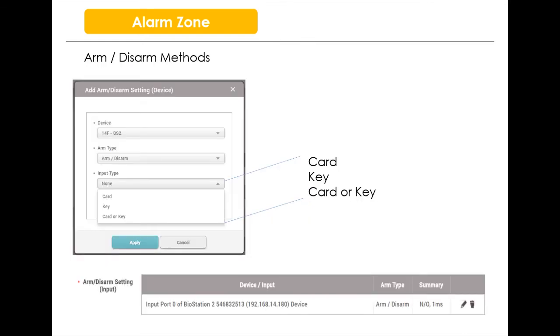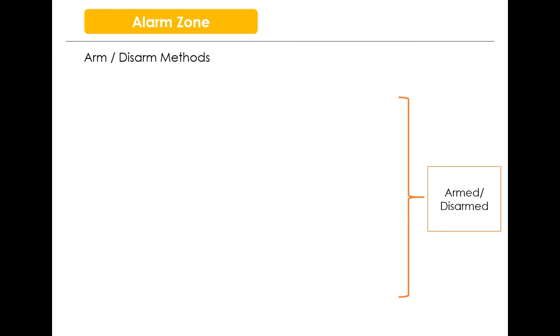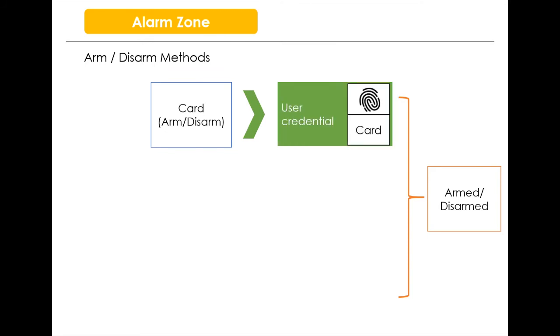You can arm and disarm the alarm zone with diverse methods. The first option is to use a command card to set the arm status or disarm status, and then the user should authenticate with their credential.